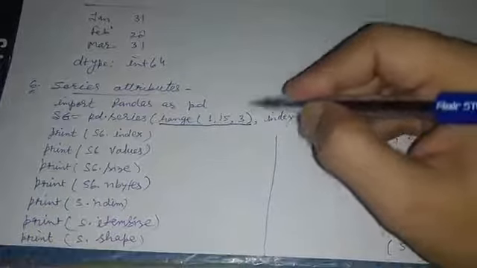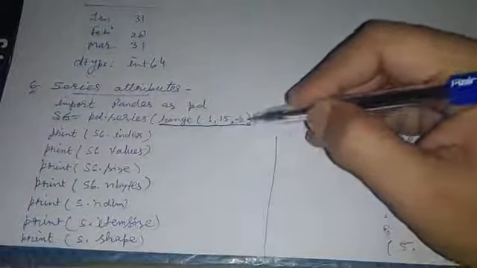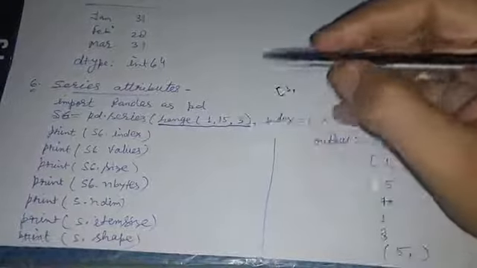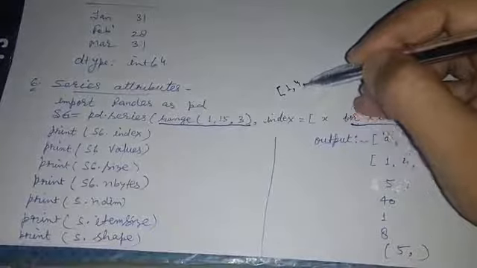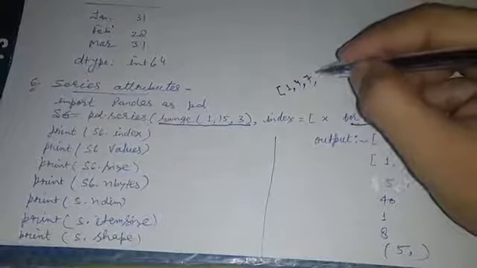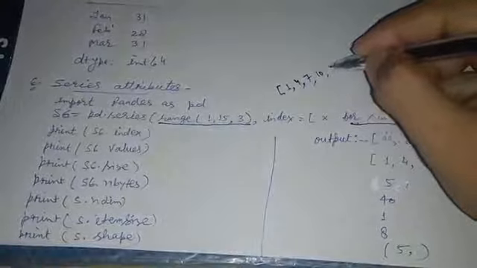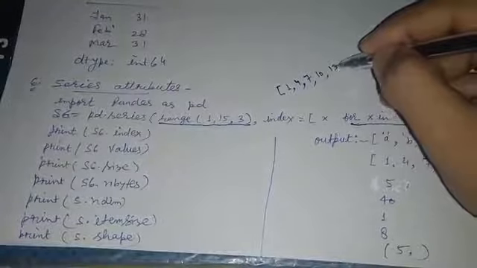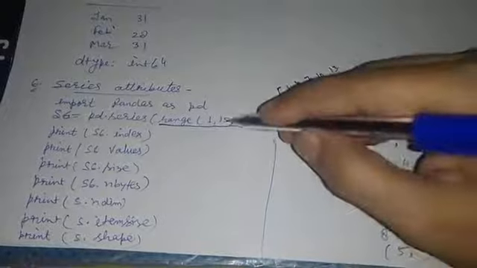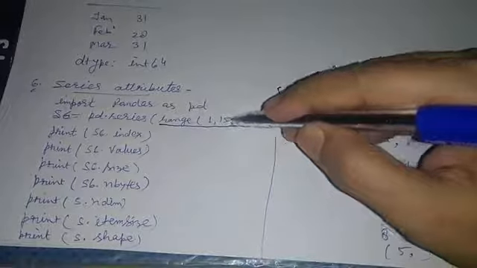So what are the values created by this method? 1, and then skip of 3 means 4, skip of 3 is 7, skip of 3 is 10, skip of 3 is 13, and skip of 3 will make it 16, which is more than the stop range, so this data point will not be included in the list.